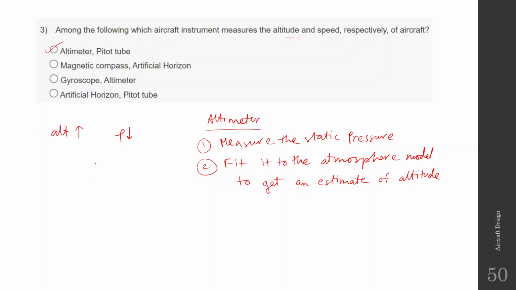Now, what is the pitot tube? Pitot tube is a device which measures both the static pressure and the dynamic pressure. So it measures both the pressures, and using the difference between them, it can calculate the velocity. As you know, the total pressure is equal to the static pressure plus the dynamic pressure.